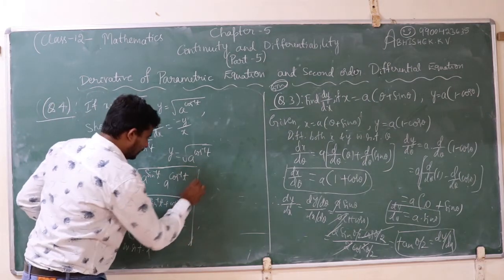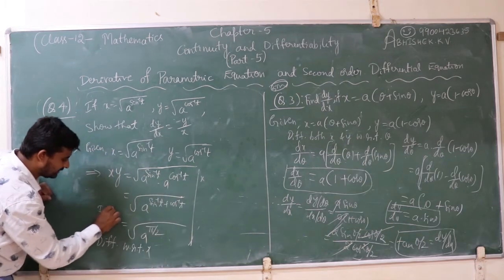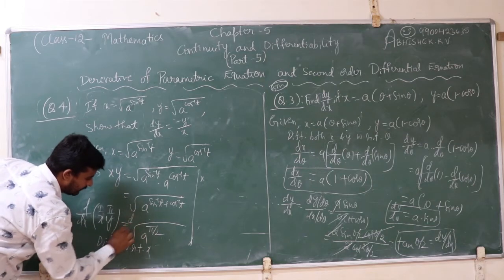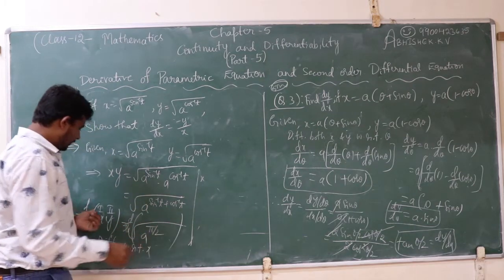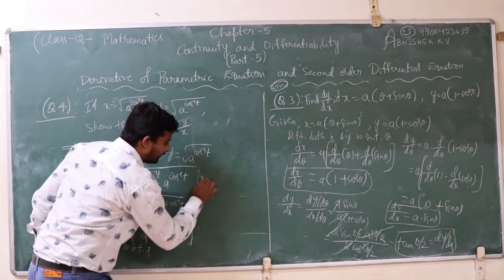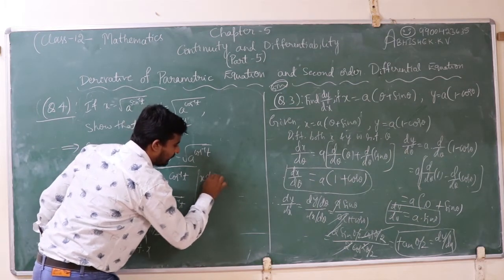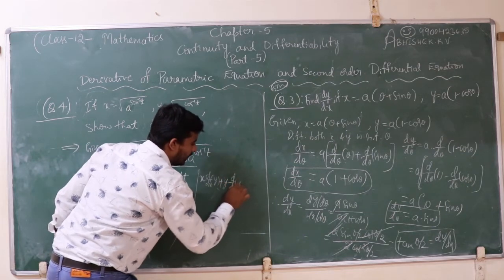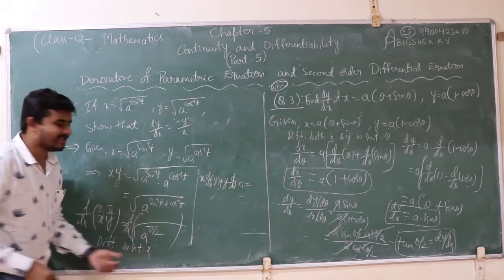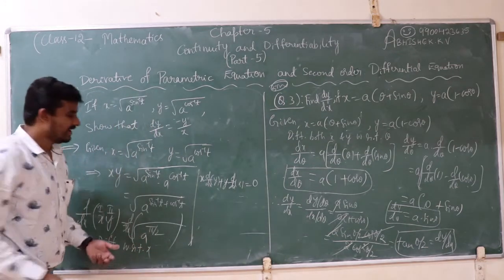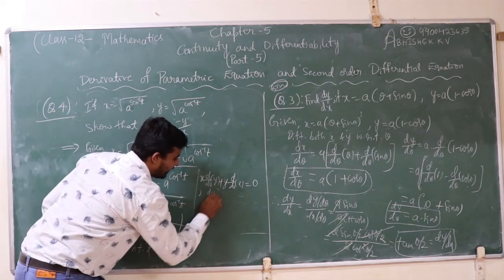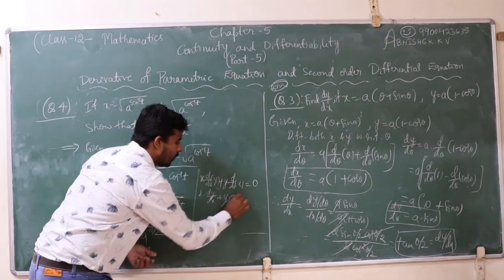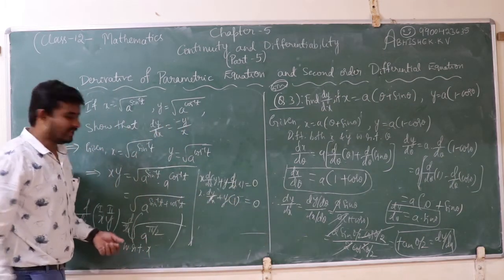See, differentiate with respect to x. We are getting x, this is the first function, and this is the second function. When we apply the derivative on both sides, the derivative of first into second is first into derivative of second plus second into derivative of first, equal to the derivative of a constant, which becomes 0. x into dy by dx plus y into the derivative of x, which is 1, is equal to 0.